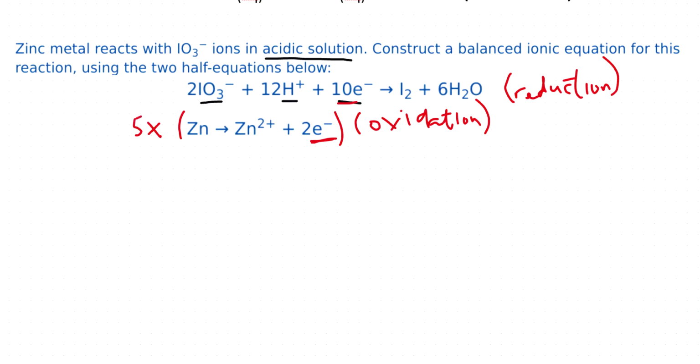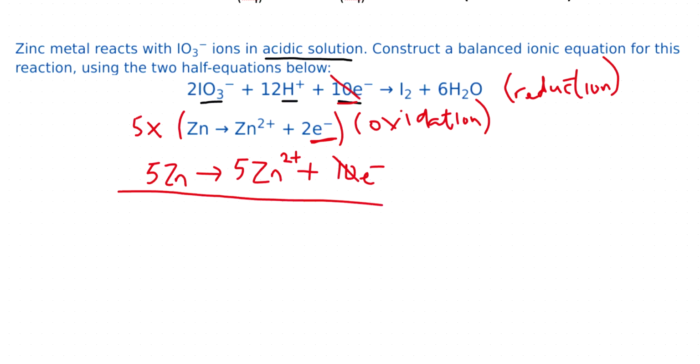So that is 5 moles of zinc to give us 5 moles of zinc 2+ ion, plus 10 electrons. Now, since the electrons here are balanced, we can cancel out the electrons, and then we write the remaining parts of the equation. We combine it together, and that will give us what we have here.